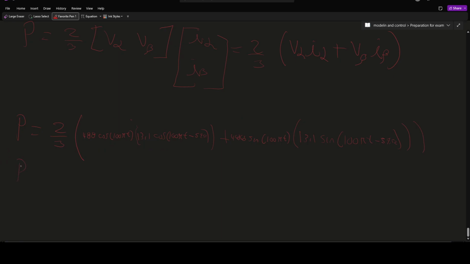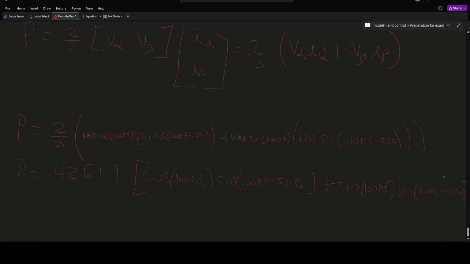And again, if we factor out all the scalars or constants, we get 42.42 times cos of 100 pi t times cos of 100 pi t minus the angle that we calculated, and similarly sine 100 pi t multiplied by sine of 100 pi t minus the angle.